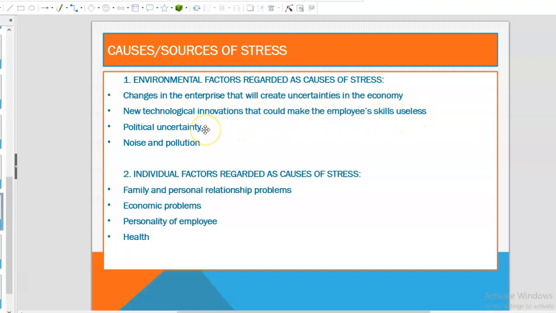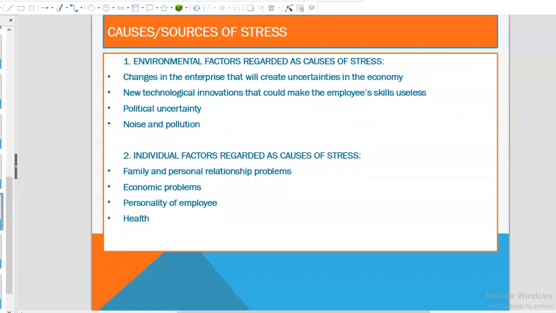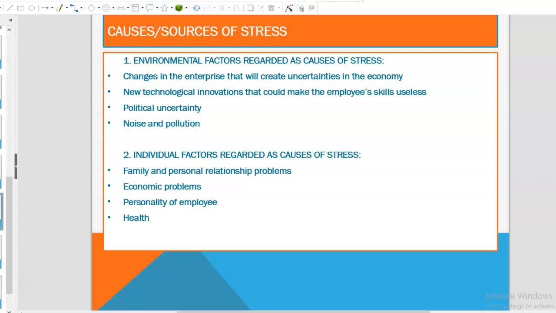Remember when you were doing N4, when we were dealing with changes within a workplace, you'd find employees or individuals resist that kind of change, and they are uncertain because they are concerned with their finances, they are concerned with their jobs. Are they going to lose the job and all of that? So any change that happens now causes what we call stress, as do political uncertainty, noise, and pollution.